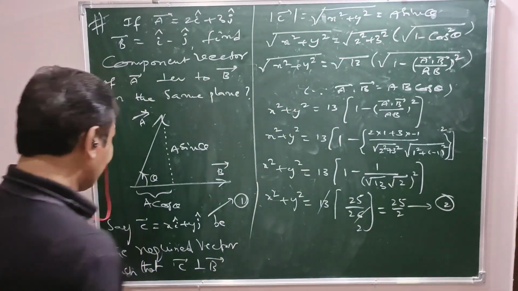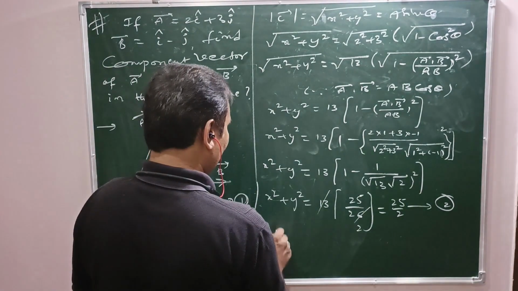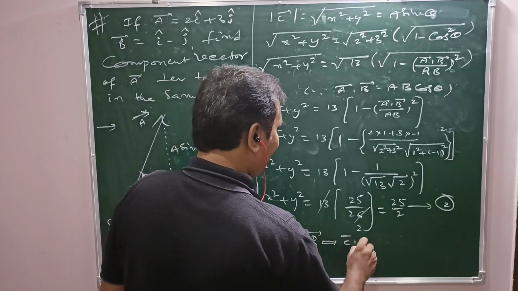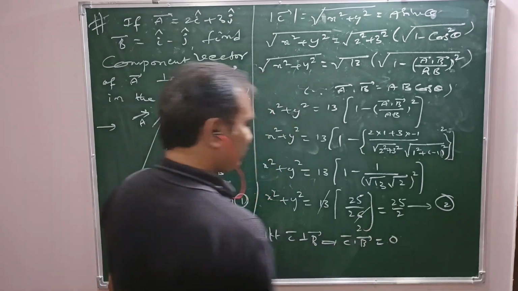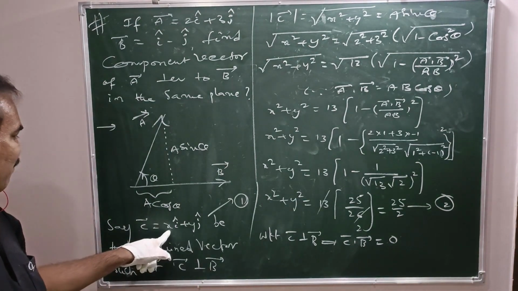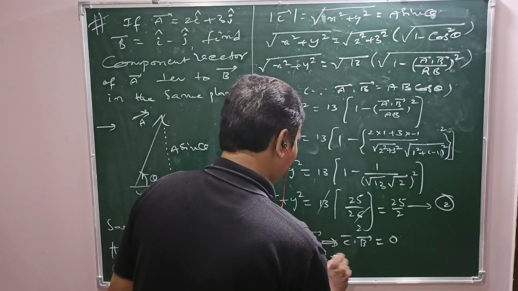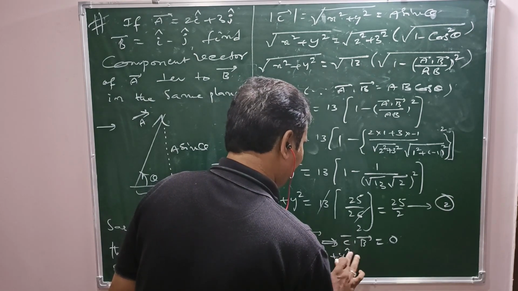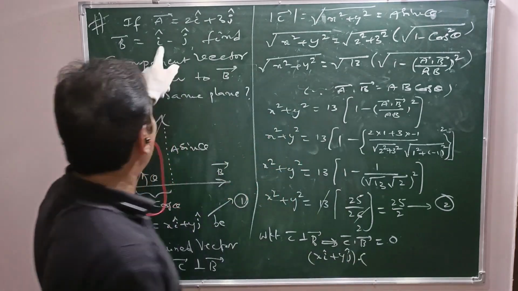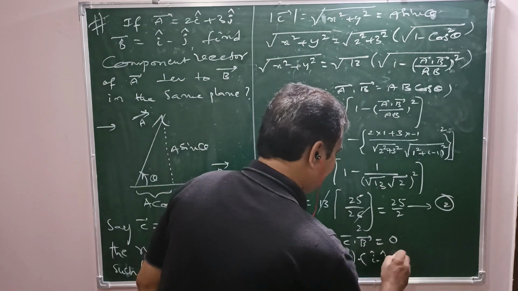Now see, c bar is perpendicular to b bar. We know that c bar perpendicular to b bar implies c bar dot b bar must be equal to 0. What is c bar? xi plus yj, dot b bar. What is b bar? i minus j, equals 0.